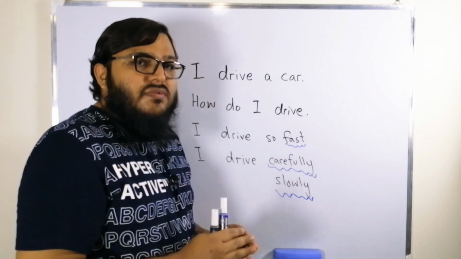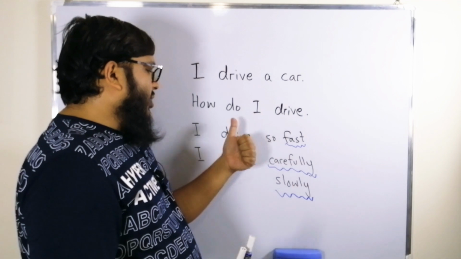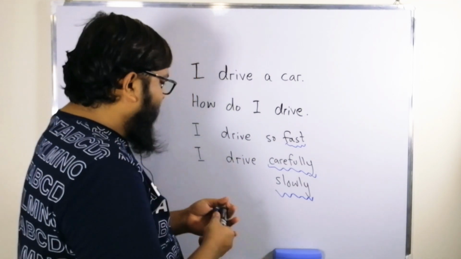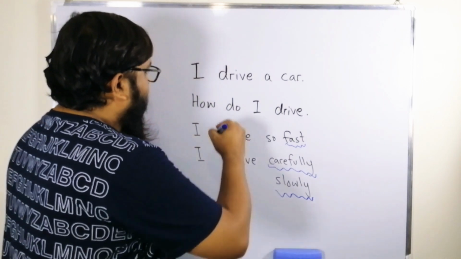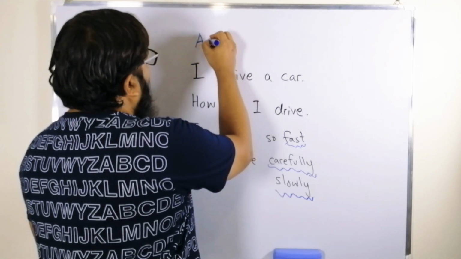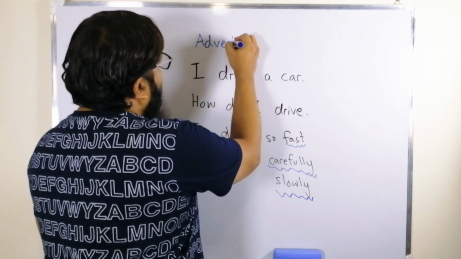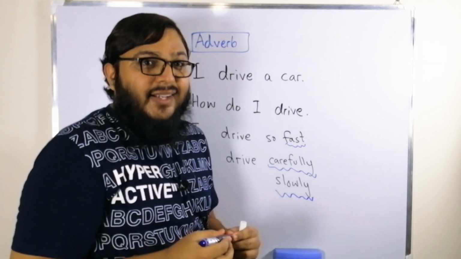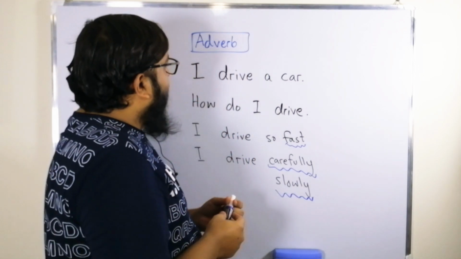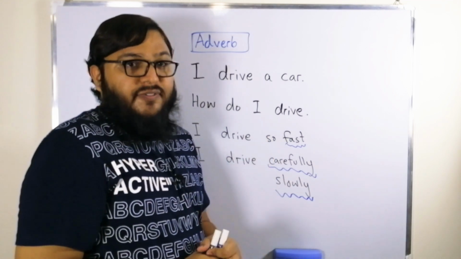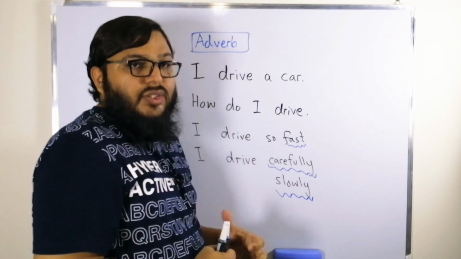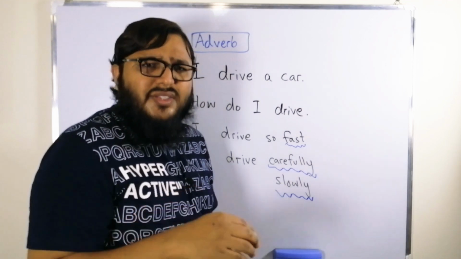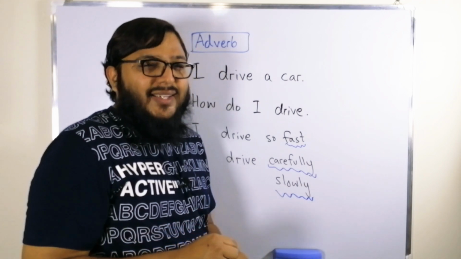So we now know that the words that describe actions are called what in English grammar? We call it adverb. So today our topic of the lesson is adverb. We just learned the definition of adverb that describes action in a sentence. That is a basic definition for starters or basic learners to understand it easily and quickly.